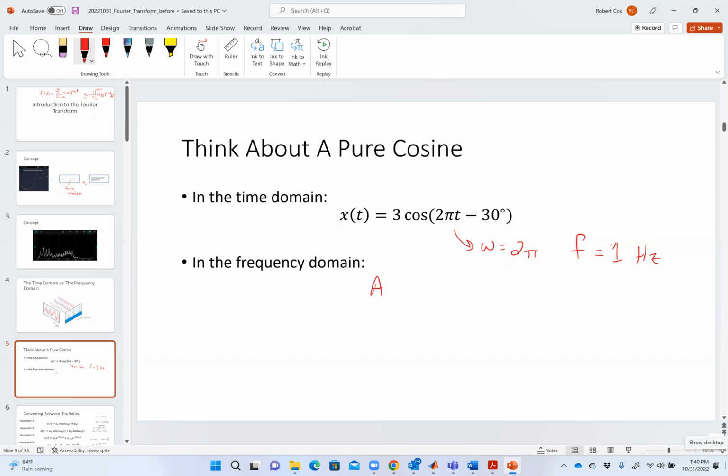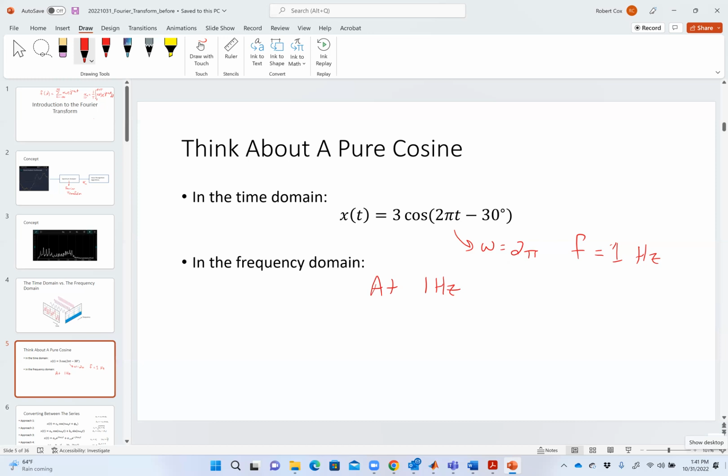On the spectrum analyzer, there should be something at 1 hertz. On my screen, it would be on the left side of that. At 1 hertz is where I would expect there to be some information. The question is, how do I relate it to this? What's the processing that happens behind the scenes?